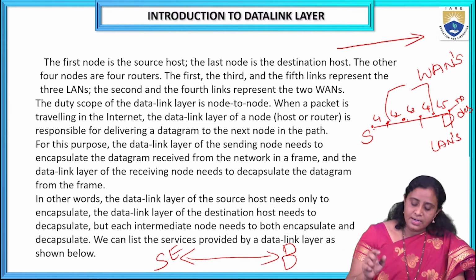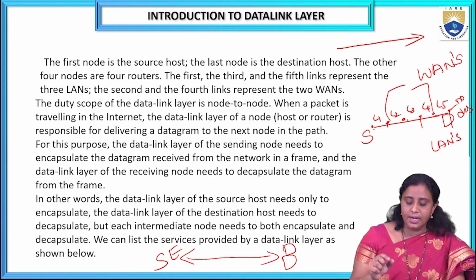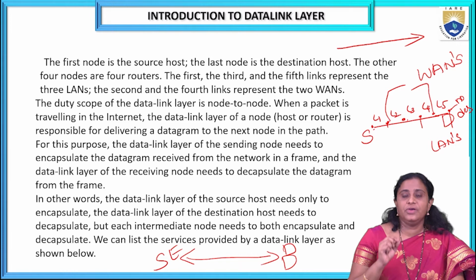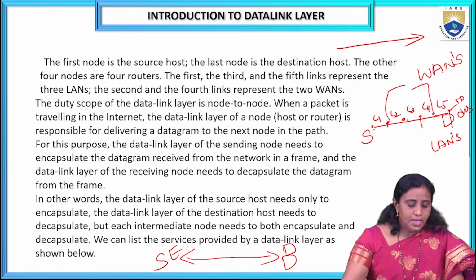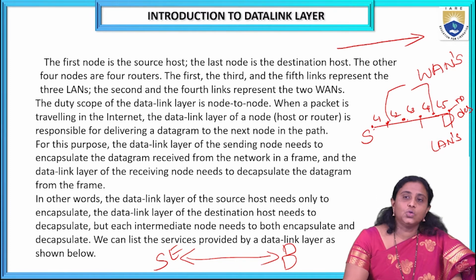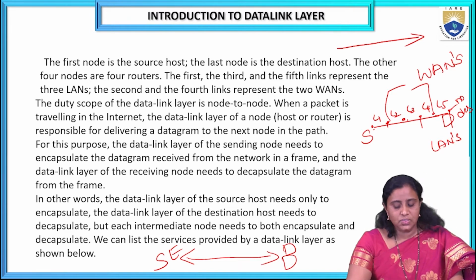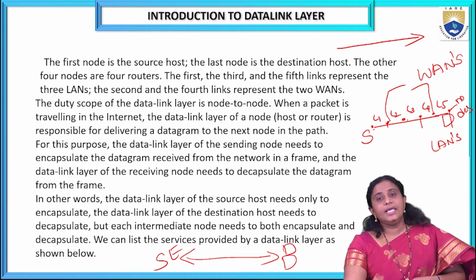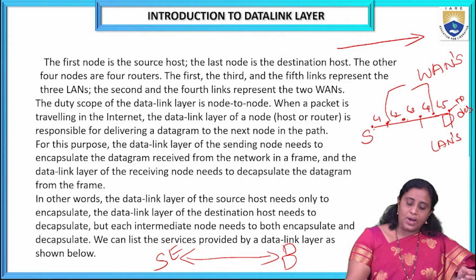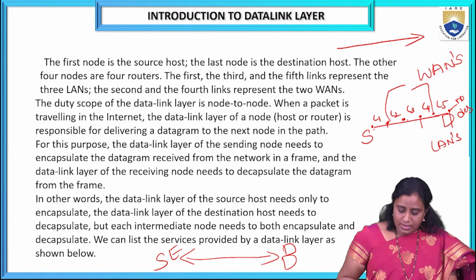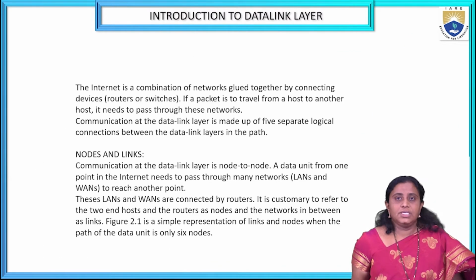Again, from the destination host, the decapsulated data can be transmitted to the source by means of an encapsulated mode. In other words, the data link layer of the source host needs only to encapsulate, and the data link layer of the destination host needs to decapsulate. But each intermediate node needs to both encapsulate and decapsulate. We can list out the services provided by the data link layer in the coming section.